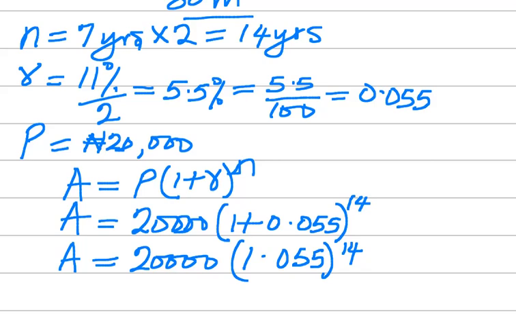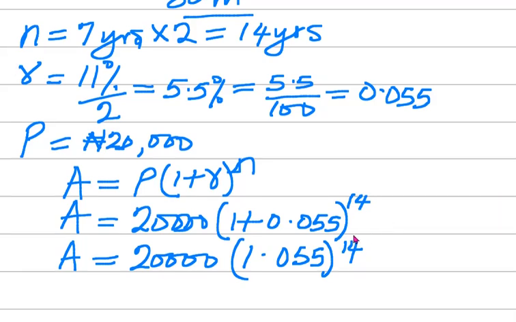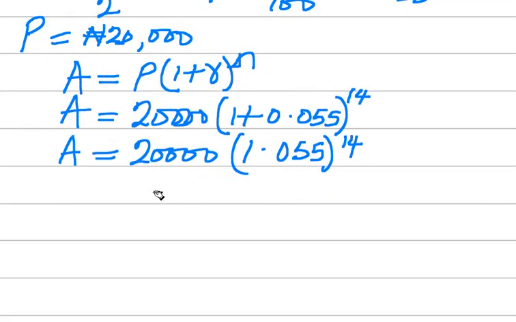And that will take us to the next step. We're going to raise this 1.055 to power 14, and at the end we'll multiply by 20,000. We are almost at the point of our answer.